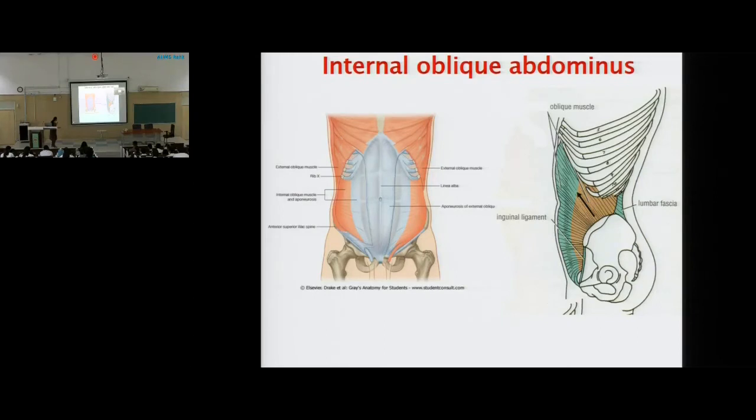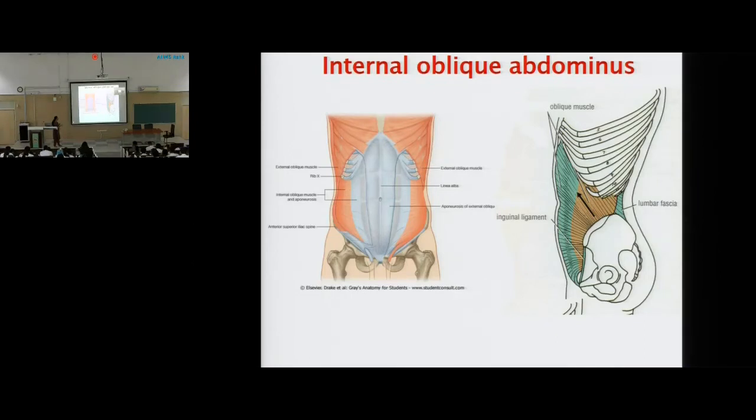And then it is going to take origin here too. What is this? Inguinal ligament. This is going to take origin from the lateral 2/3 of the inguinal ligament. It was folded like this, and from the lateral 2/3 of that fold it is going to take origin. Okay, I'll come to that later. And it is going to get inserted again into the midline.